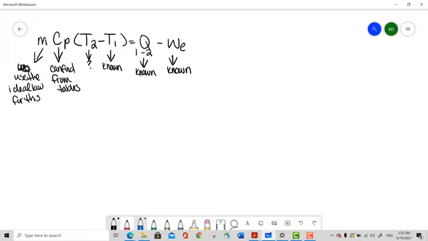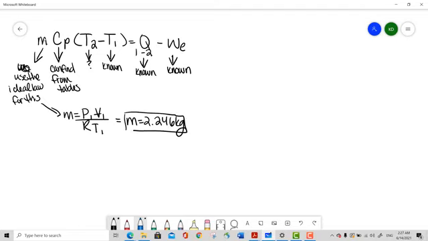So let's just use the ideal gas law first. And that will be PV equals MRT, but we're just going to move it to isolate M because that's what we want to find. Over RT1 equals, and when we plug all of that in, 2.246 kilograms. So now we know this.